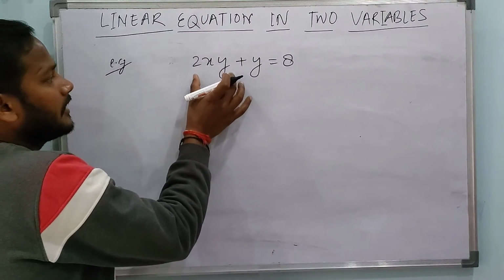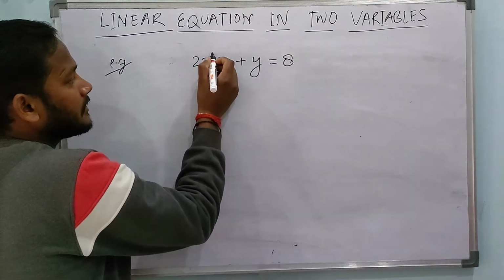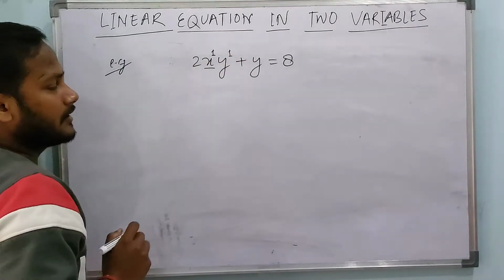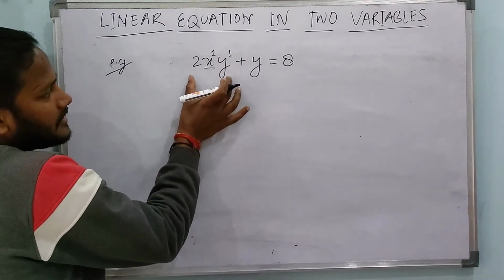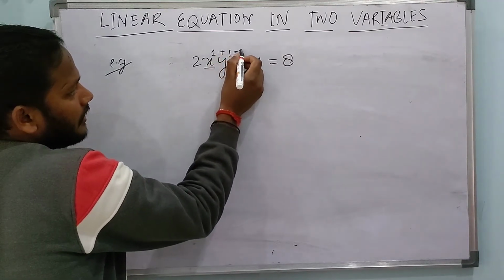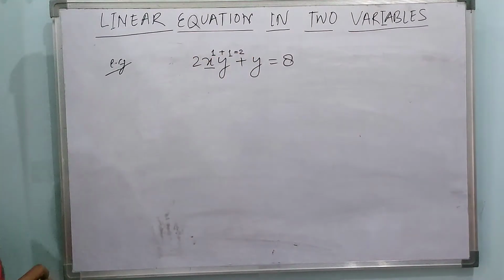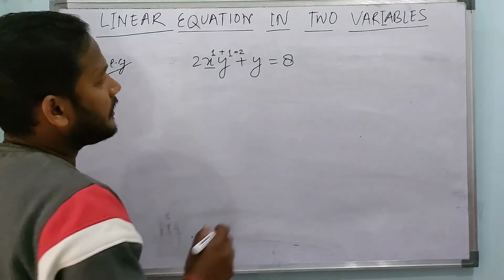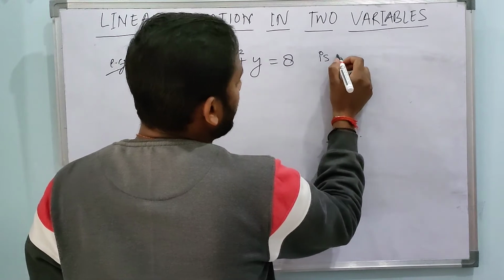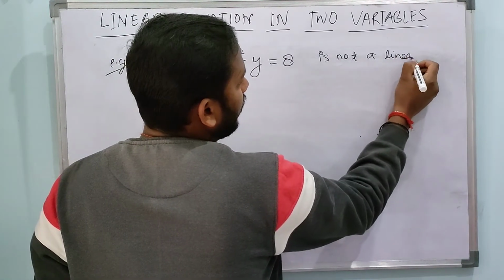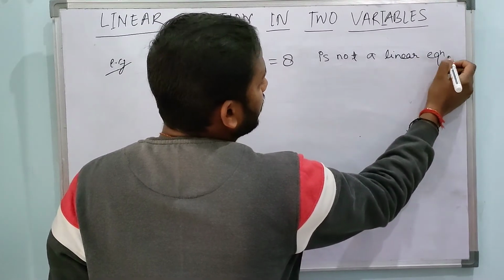The degree of variable x is 1. The degree of variable y is 1. In the term 2xy together, the degree is 2. That's why it is not a linear equation.